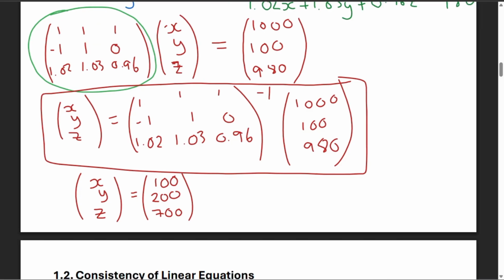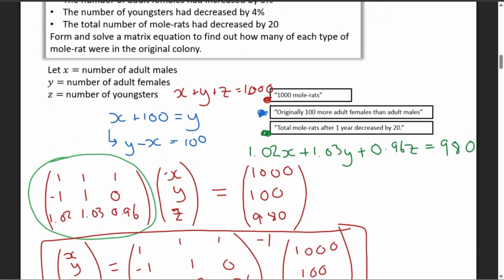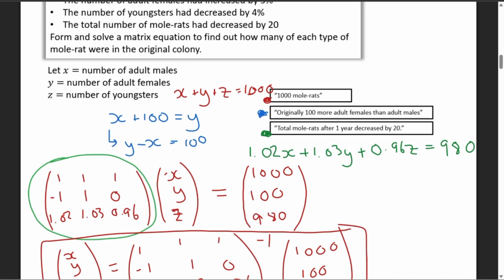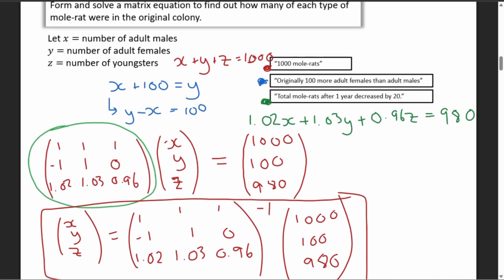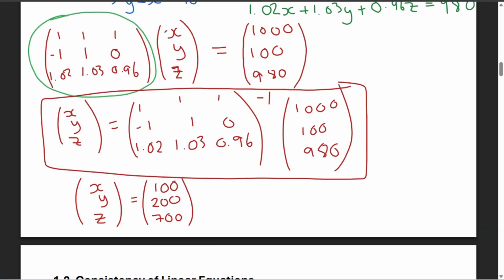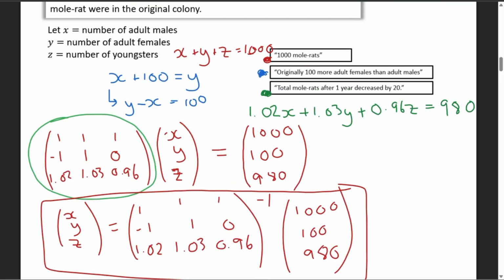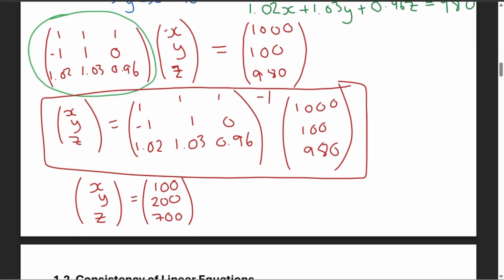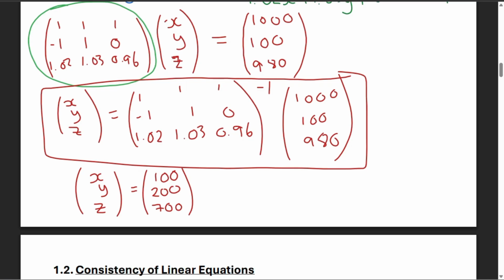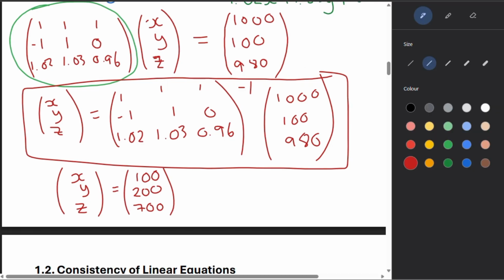I would always say treat the examiner like they're an idiot and spell it out, because the question asks us to find out how many of each mole rat were in the original colony. That is what we've done, but we haven't actually said that. So even though we've done all the maths, you would probably lose an answer mark because we've not technically answered the question. So we just need to write that out fully.